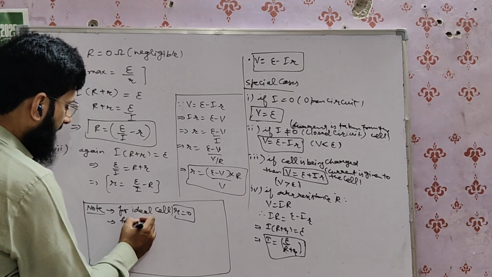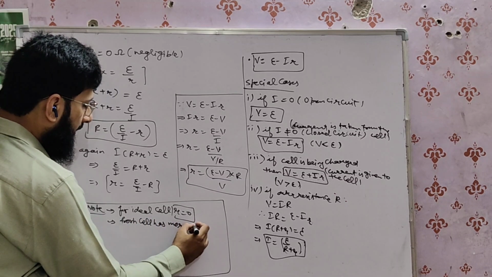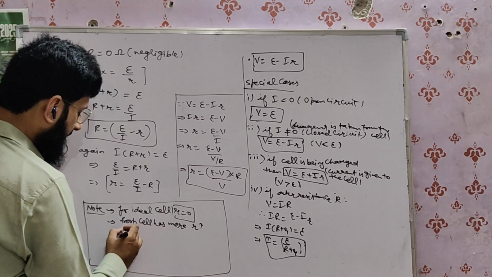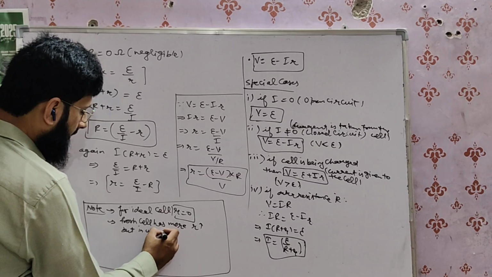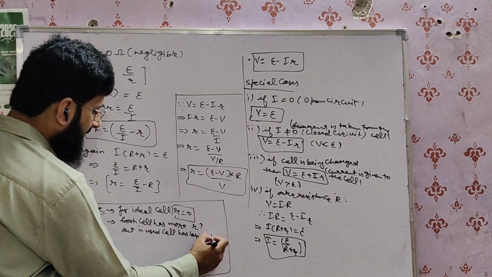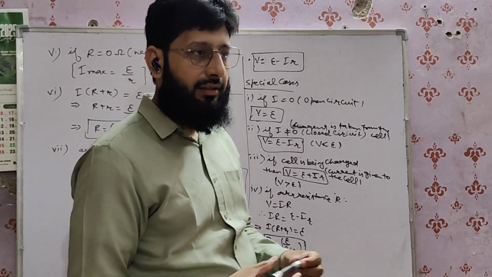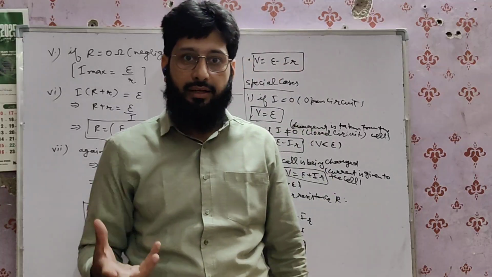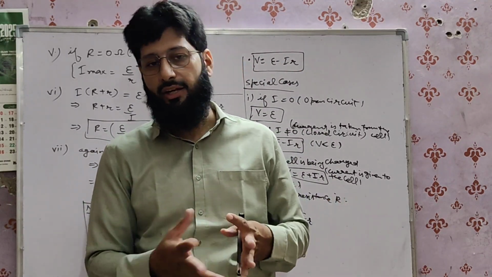Next, a fresh cell has more internal resistance, but a used cell has less internal resistance. Why? A fresh cell, when the cell is newly made, there is an equilibrium inside the cell, charge cannot move, ions cannot move.